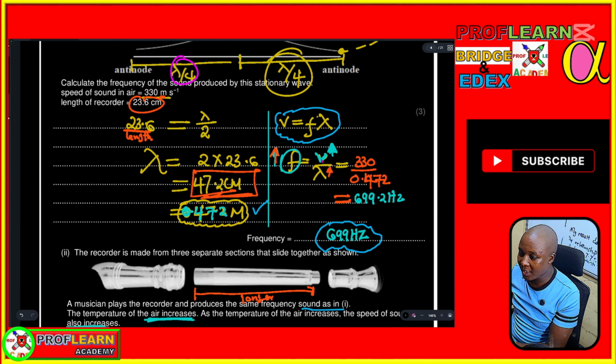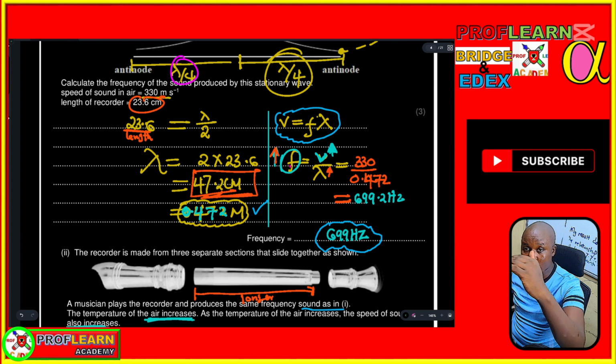If the speed increases, then it means the frequency is also going to increase, because speed and frequency are directly proportional. And wavelength, what will we do in order to reduce the frequency? Because if speed increases, frequency also increases.